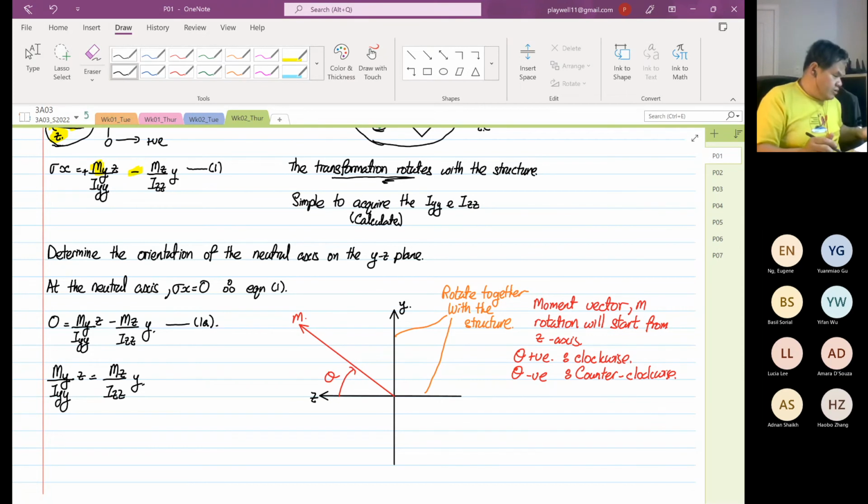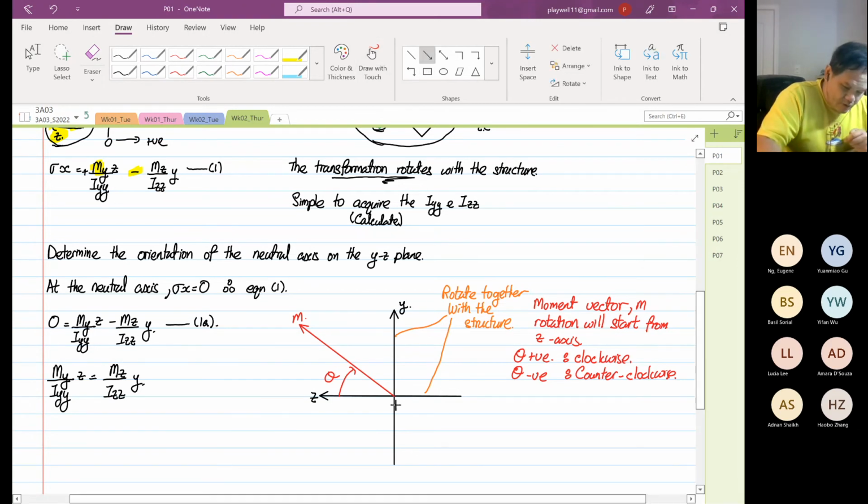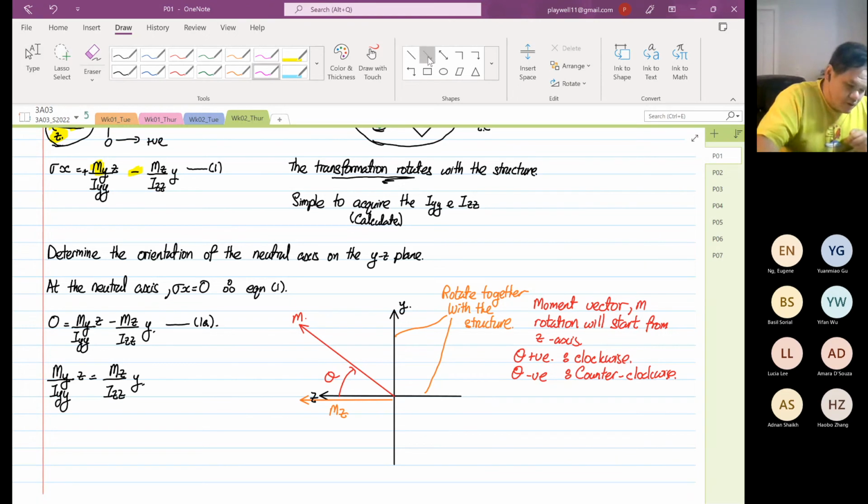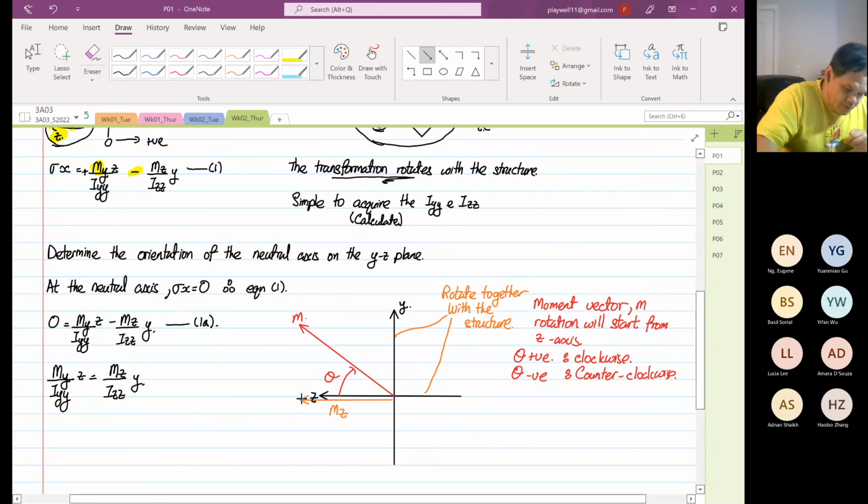From here, we are also aware that there are two components, as all of you will know already. One component is your Mz component, and the next one is your My component.